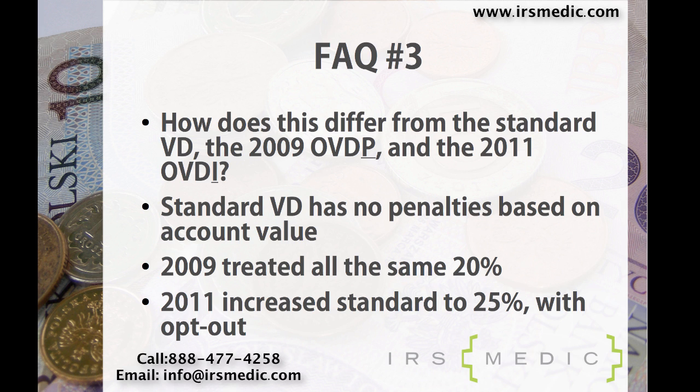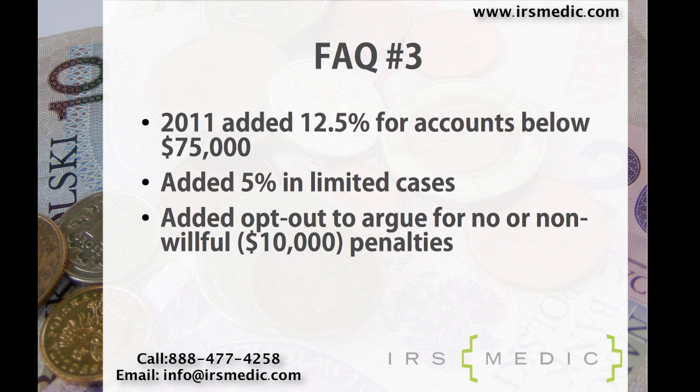So as we talked about before, the standard VD has no penalties based on account value. And the 2009 program treated all the same at 20% of account value. And then the 2011 came around, which was very different than the other ones because it increased the standard penalty to 25%, but it gave an opt-out where you could argue for a 0% penalty. 2012 also added a 12.5% penalty for accounts below $75,000 and added 5% in limited cases.